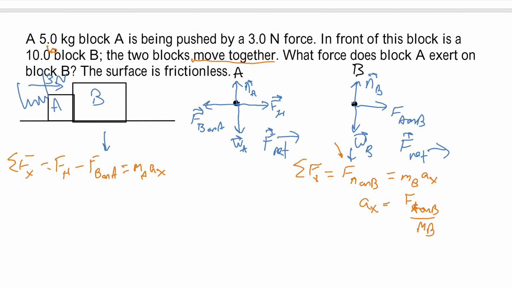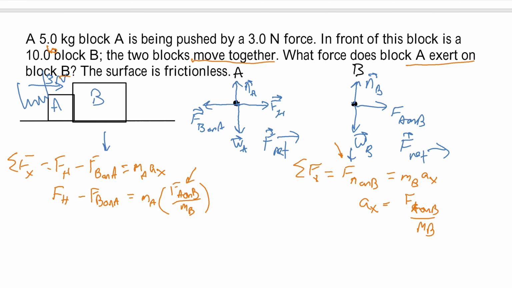All right, now I'm going to take this acceleration that I just found and plug it into the other equation. So now I have F sub H minus FB on A equals mass of A, times what I just got for acceleration, which is FA on B divided by the mass of B. Okay, so now the goal is to find the force of block A on B. So I need to solve for that guy right there.